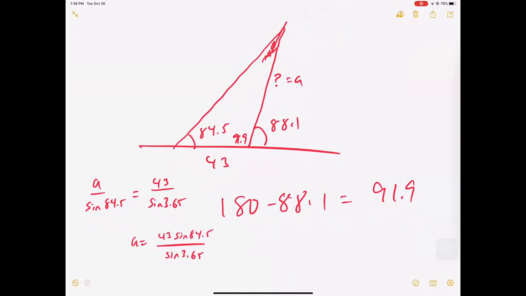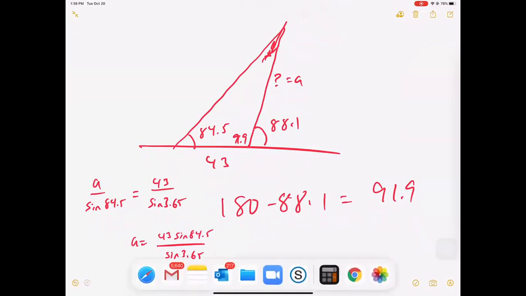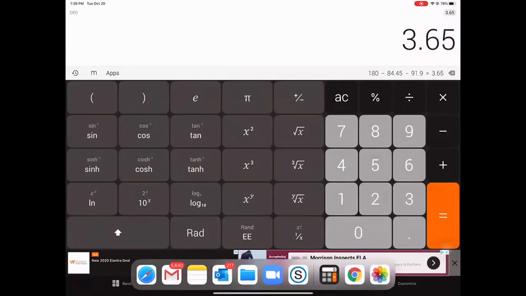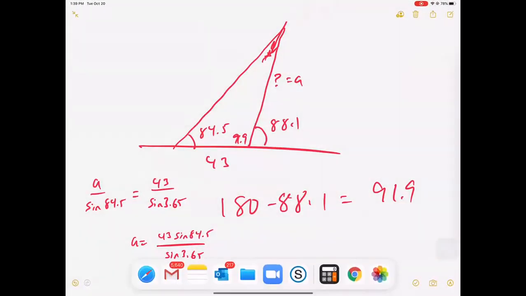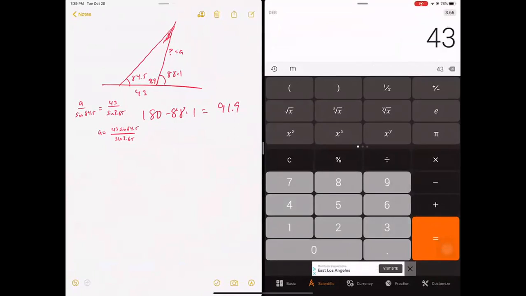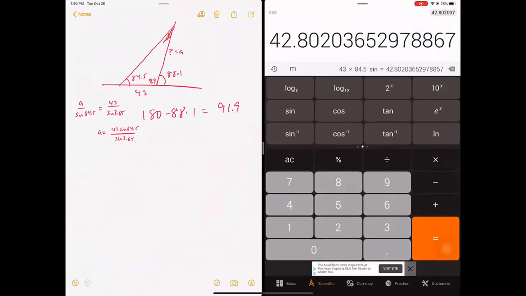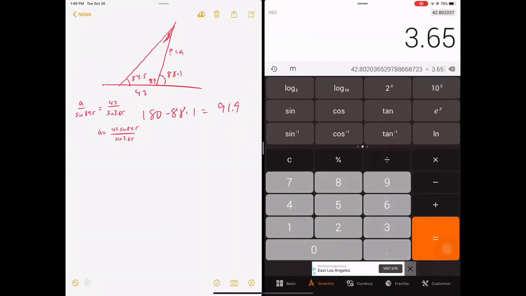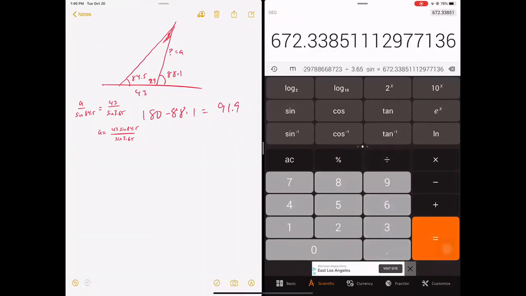All this is calculator work. Okay, 43 times sine of 84.5, divided by sine of 3.65. Ugh, that's a big side.